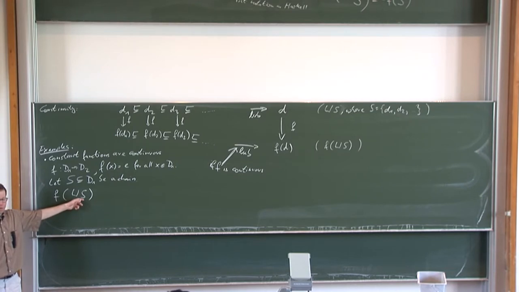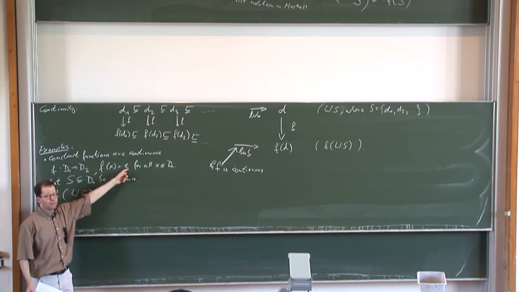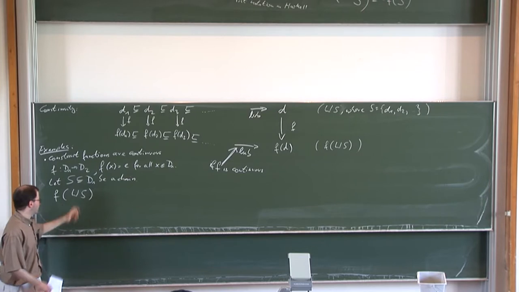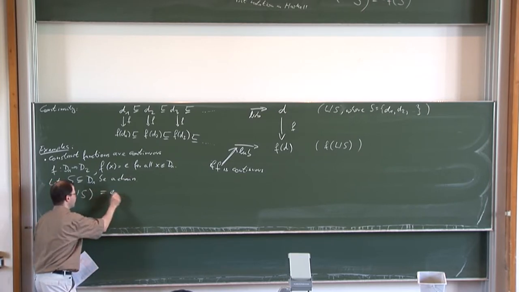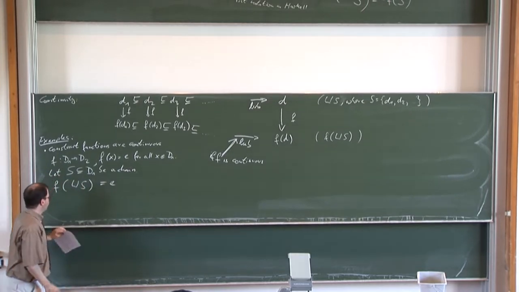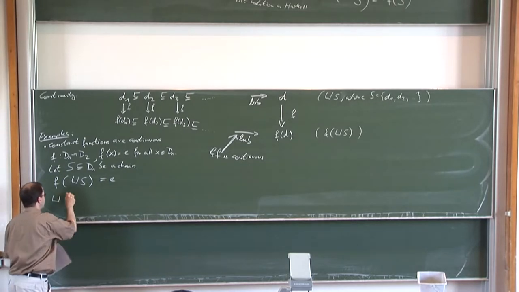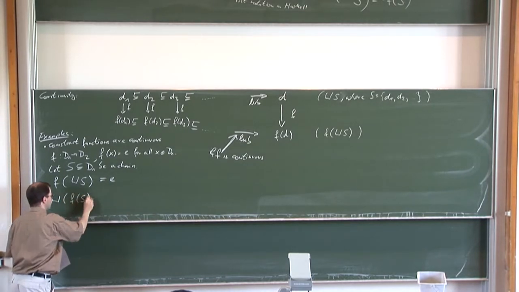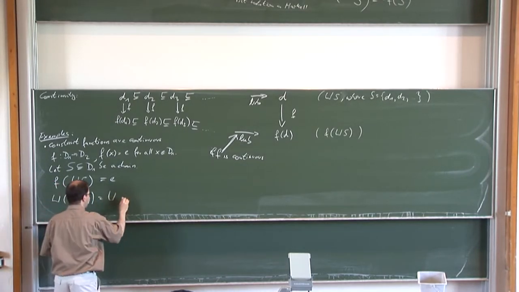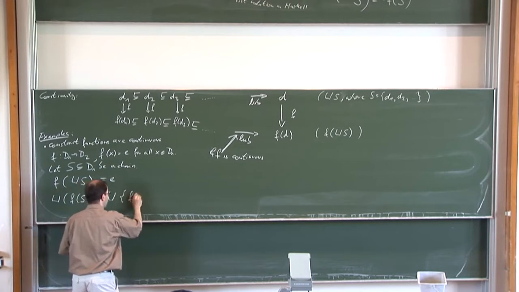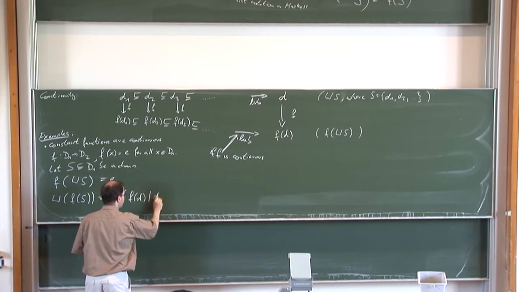The least upper bound of S is some element of D1. We don't know how it looks, but luckily we know what f does, because f is a constant function. F always returns e for every argument, so also for this argument. So this will be e. And what is the least upper bound of f of S? This is the least upper bound of f of d, where d comes from S.